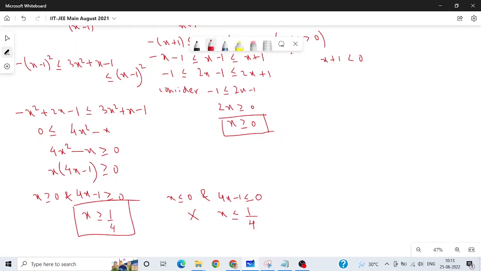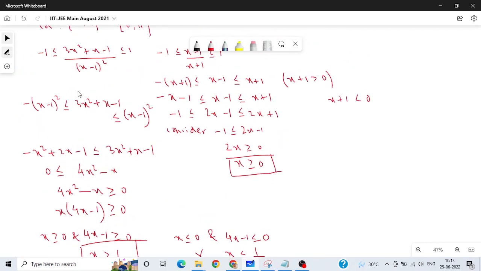So now if we look at our options, let's see whether we are able to get the answer by this condition or it requires some further simplification.